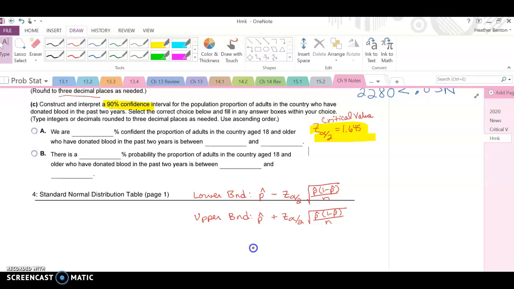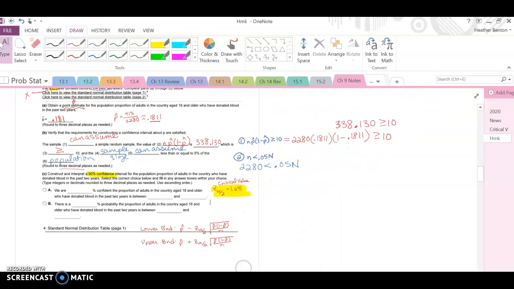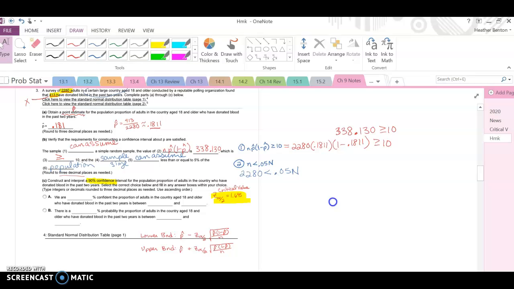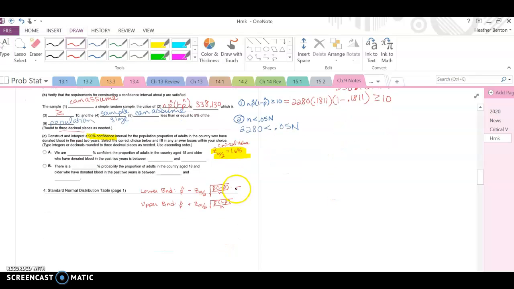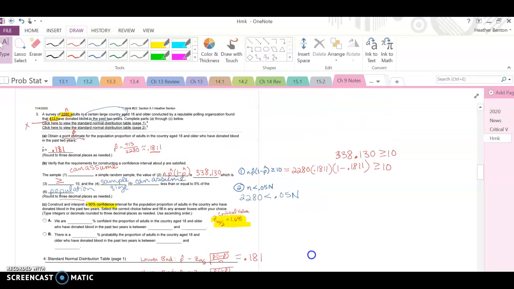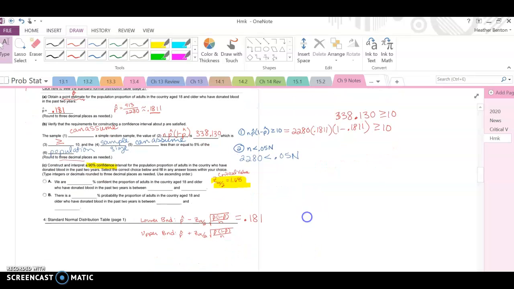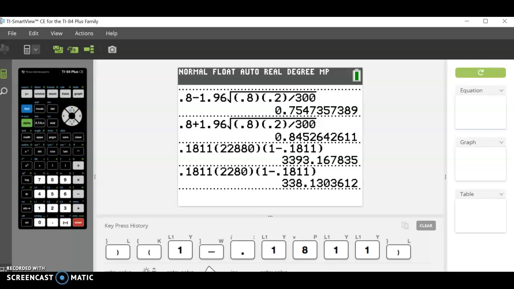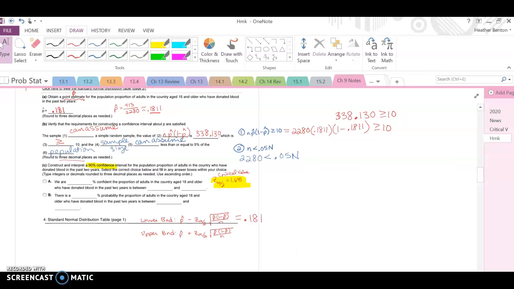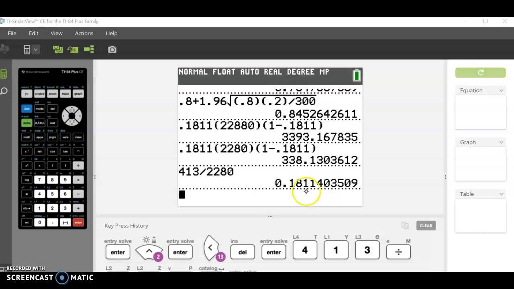So what was our p hat again? 0.181. Let's maybe go a few more decimal places just to be sure. Okay, so I went and got some more decimal places.